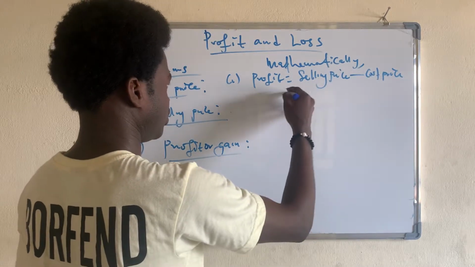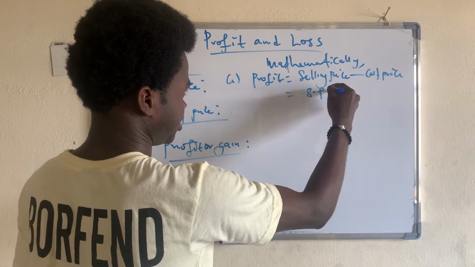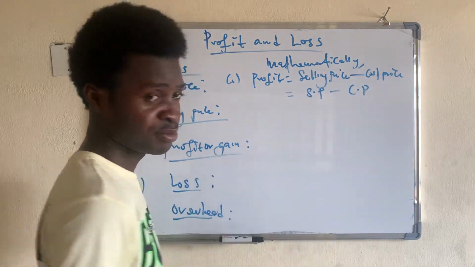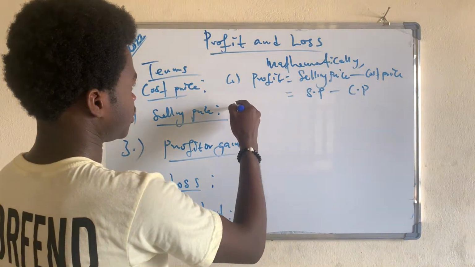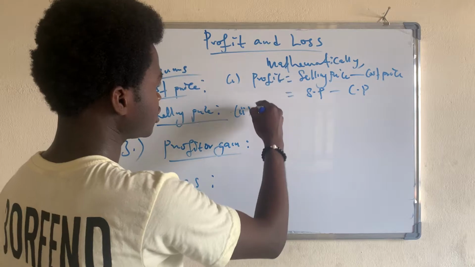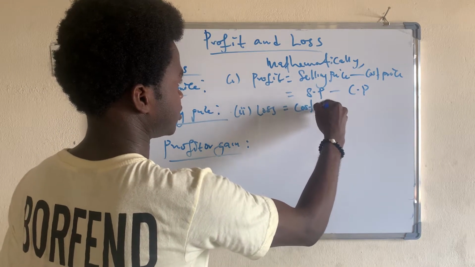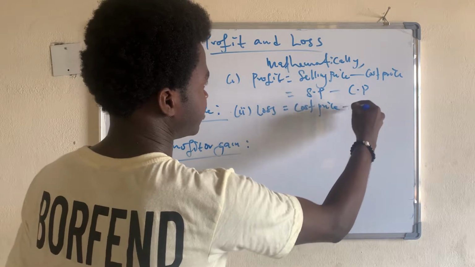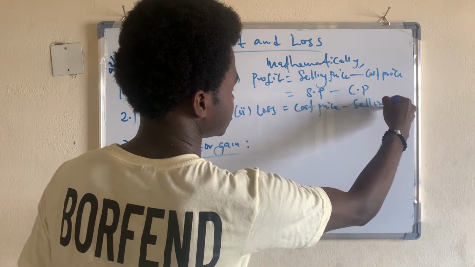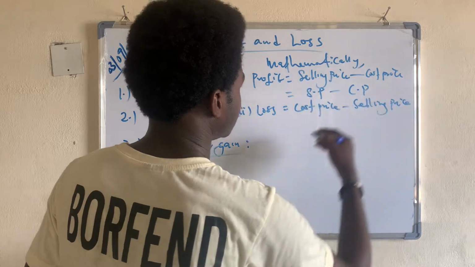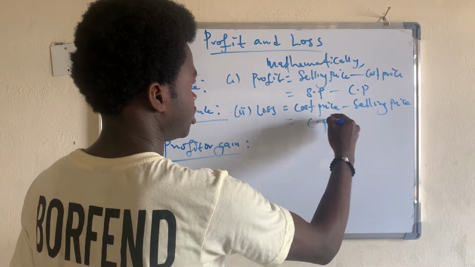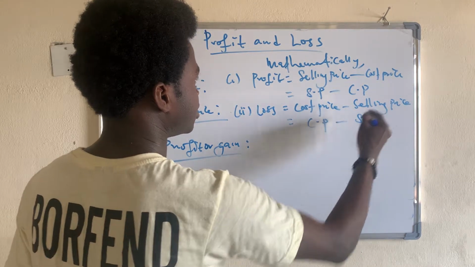We usually simply write it as SP minus CP. Also, we have that loss is equal to cost price minus selling price, which is the same thing as CP minus SP.